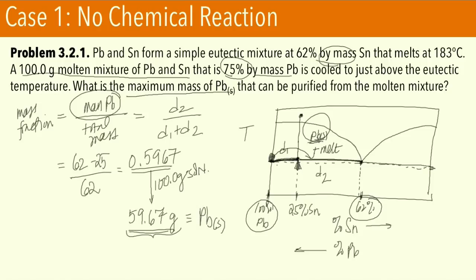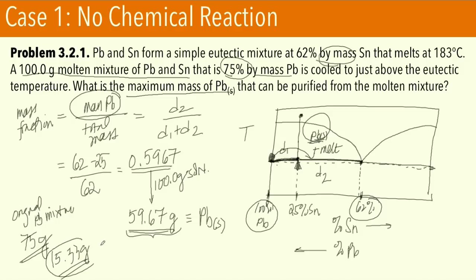Keep in mind that our original mixture is 75% by mass lead. That means the original amount of lead in the entire mixture is 75 grams. So the remaining amount, 75 minus 59.67, is around 15.33 grams of lead.